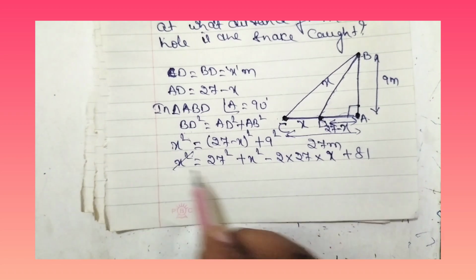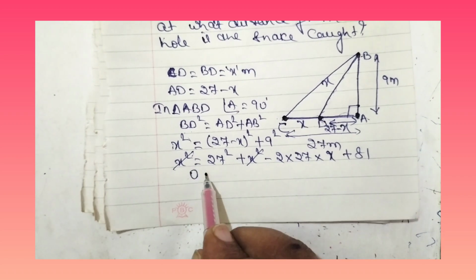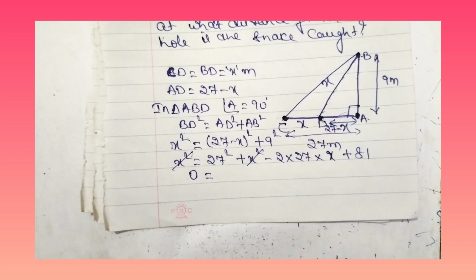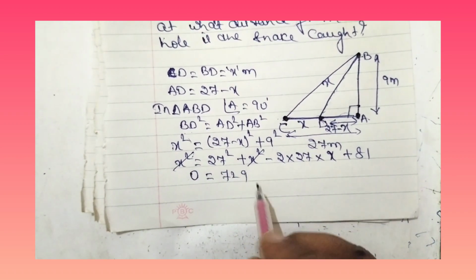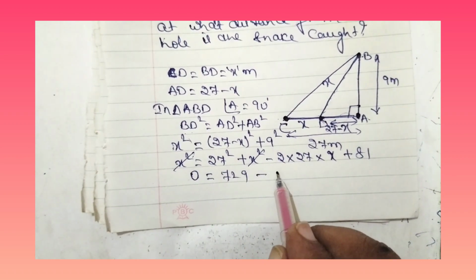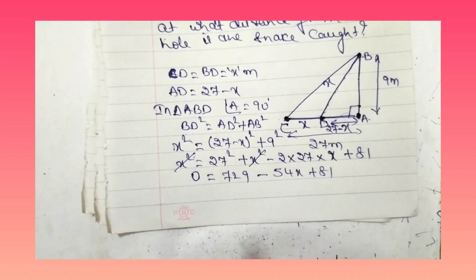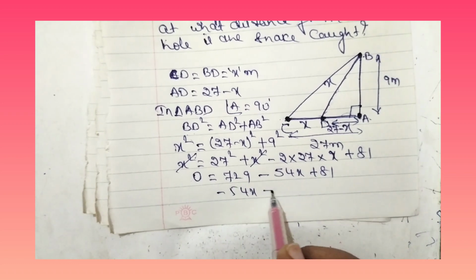So now here x square will get cancelled. So that is equal to, here 0 is remaining, which is equal to 27 into 27. So what does the 27 into 27 will be equal to? So 27 27s will be equal to 729 minus 2 27s 54x plus 81. So minus 54x. So let us add both of them.